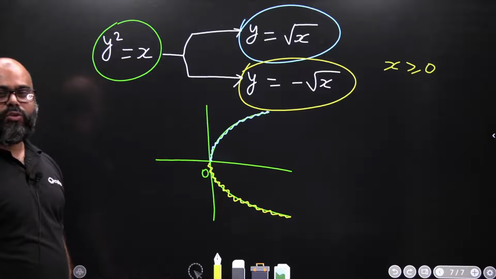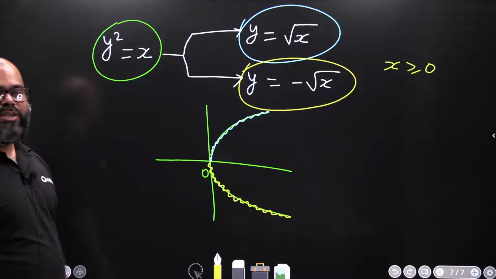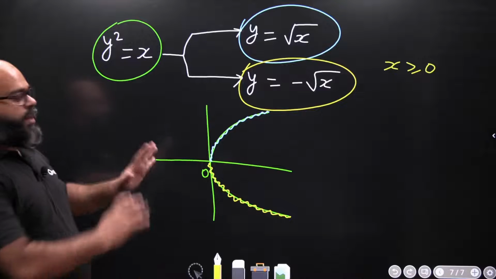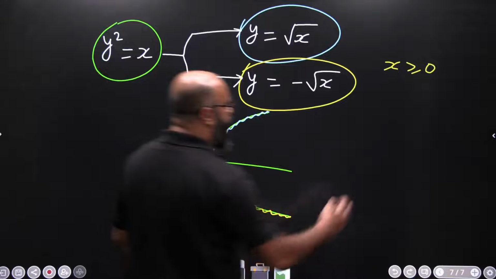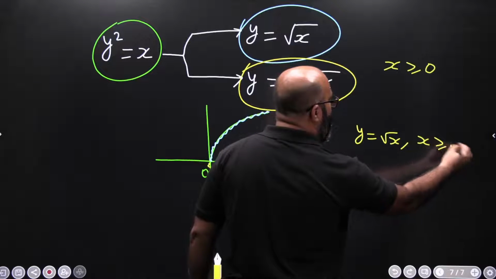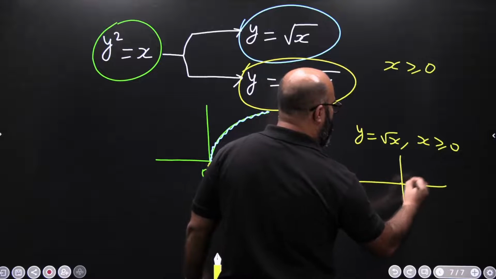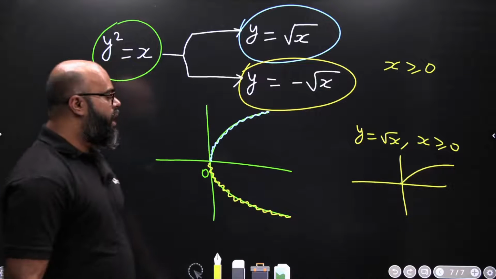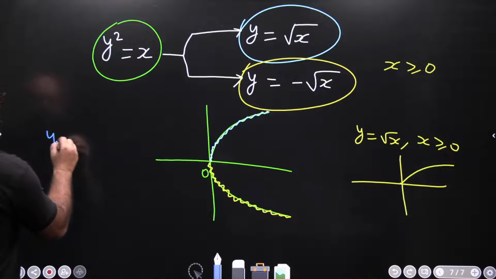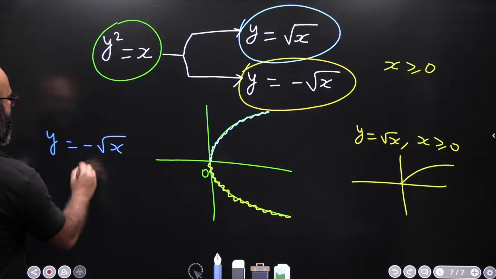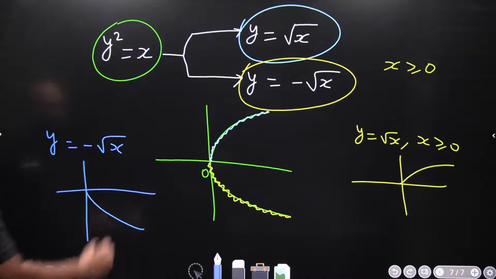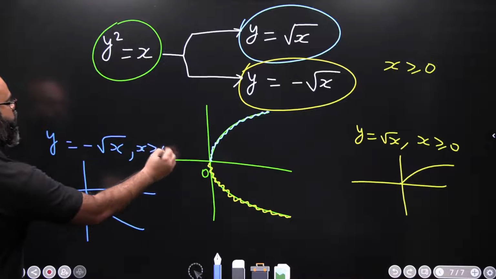One part is y is equal to square root of x, another one is y is equal to minus square root of x. If we separately draw them, one function is y is equal to root x, where x is greater than or equal to 0, and the graph would be something like this, the square root graph. And if y is equal to minus square root of x, the graph is like this one, where x is greater than or equal to 0 here also.